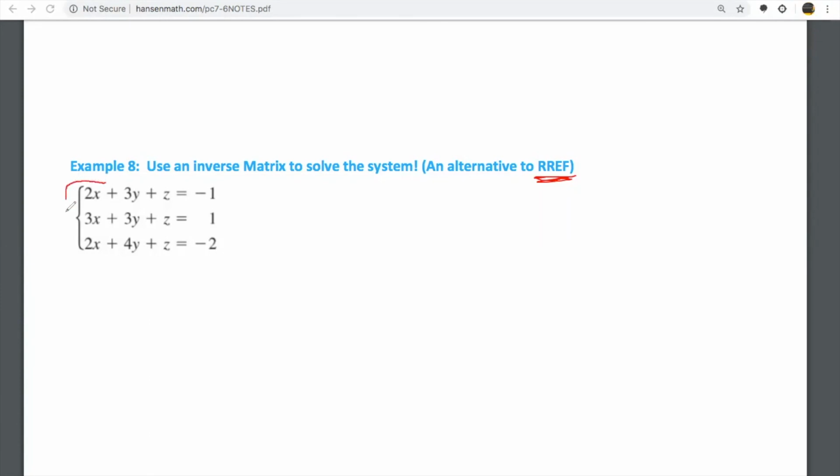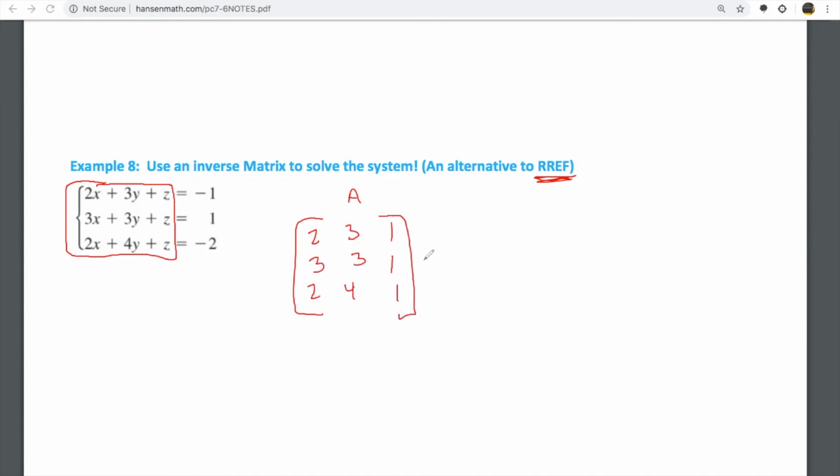You can create a coefficient matrix of the left side of the equation, which I'm going to call matrix A, and that is the coefficients of X, Y, and Z for all 3 rows, which would be 2, 3, 1, 3, 3, 1, and 2, 4, 1. Okay?